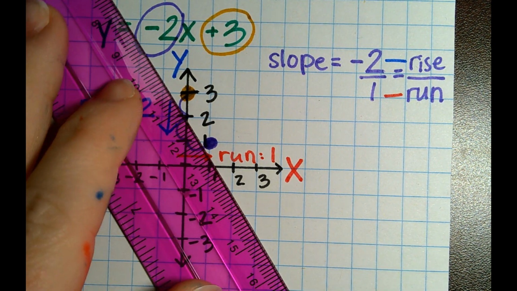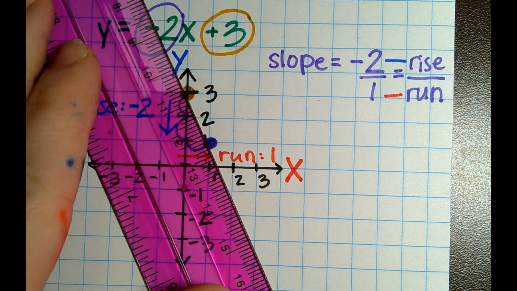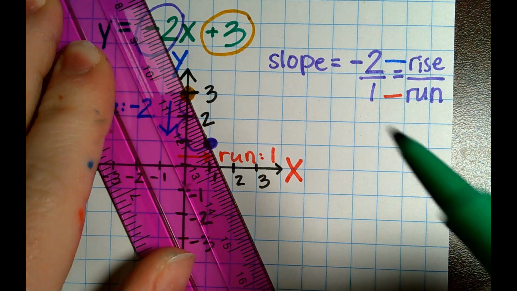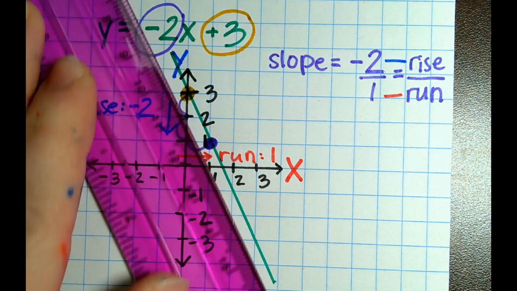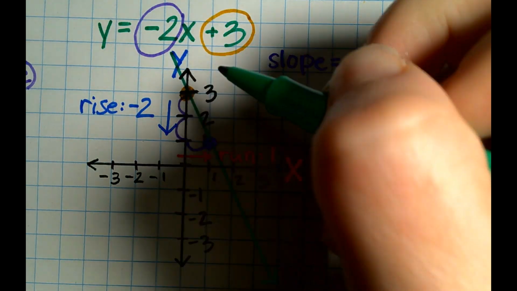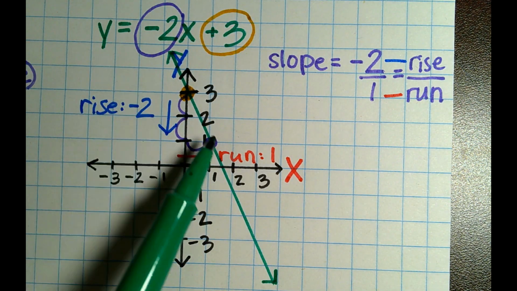So we want to make sure that our ruler is touching both points very nicely. And I kind of wrote all over my graph, so it does look a little bit funky, but that is our line.